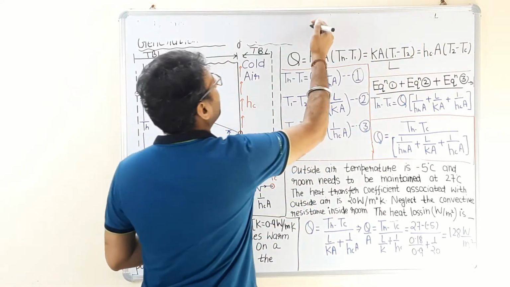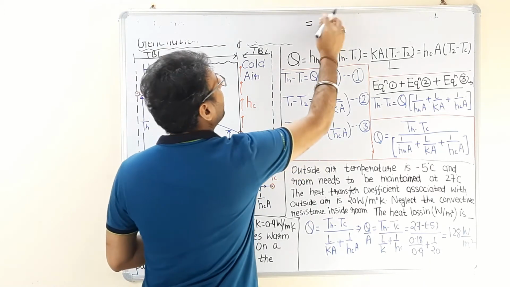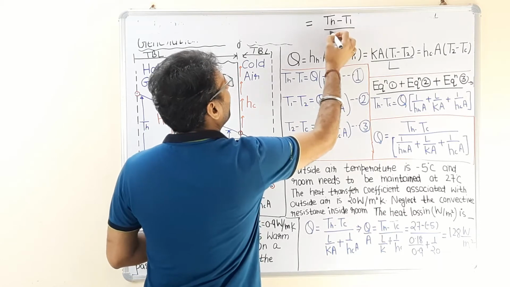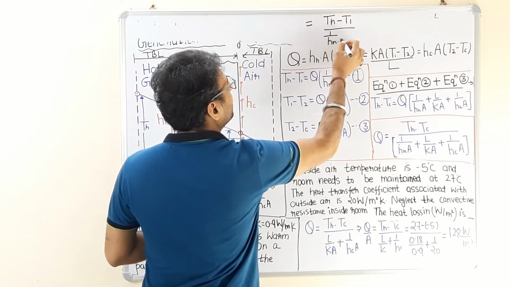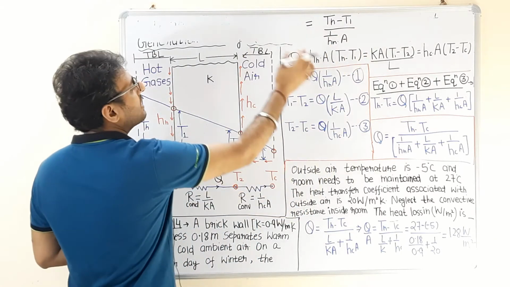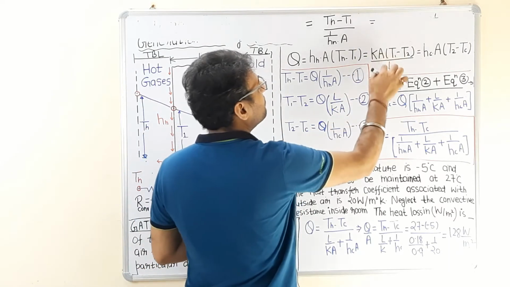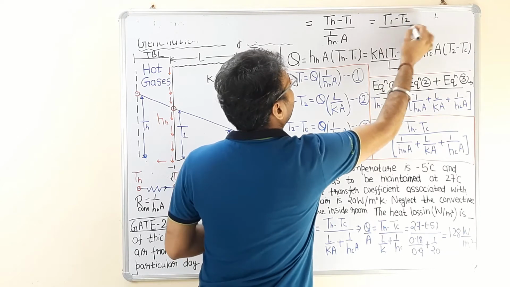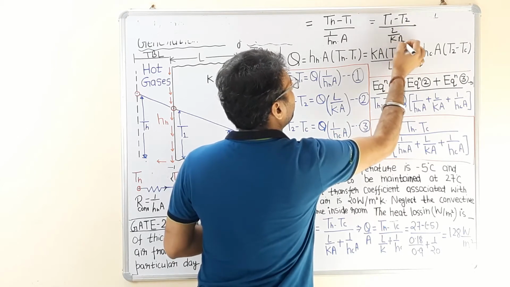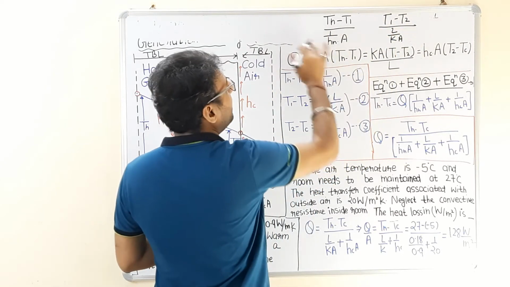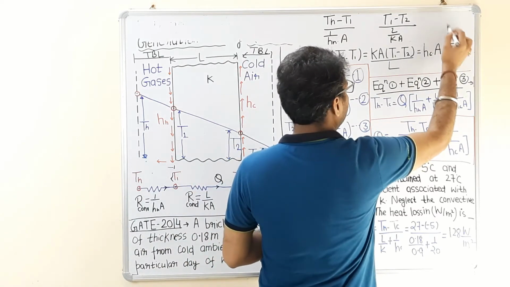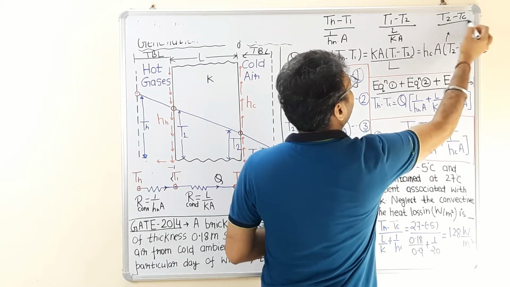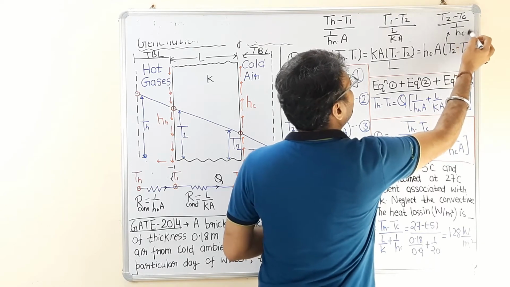If we rearrange this first formula, we will get (Th minus T1) upon 1 upon Hh A. Similarly, if we rearrange this formula, we will get (T1 minus T2) upon L by K A. Similarly, after rearranging this formula, we will get (T2 minus Tc) upon 1 upon Hc A.